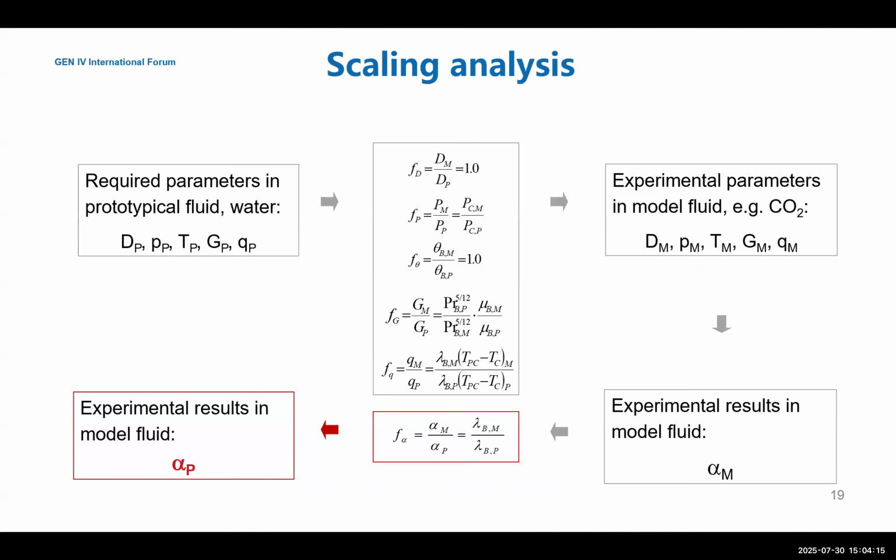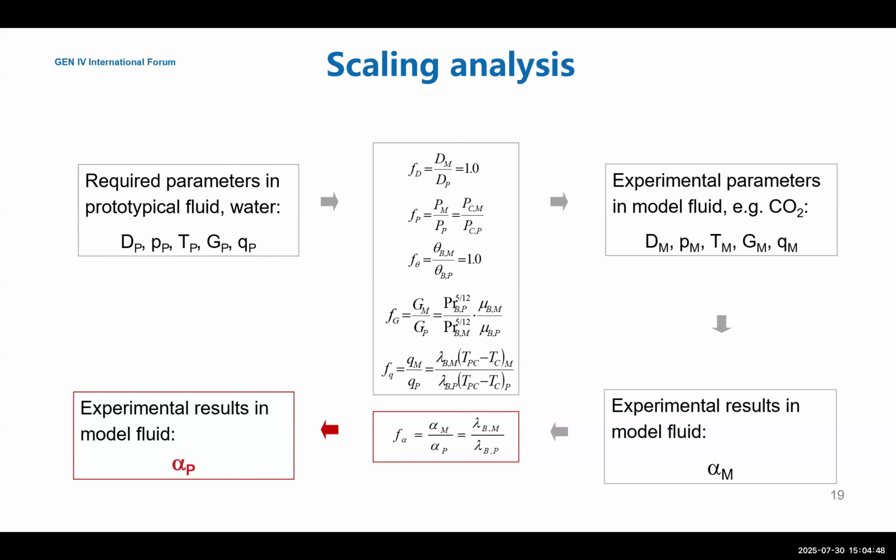We apply the scaling law to the different parameters, and then we can get the experimental parameters in the model fluid, such as CO2. It is a little bit easier to perform the CO2 experimental work, so we can perform the experimental work with CO2, with the scaling parameters we derived from our scaling law.